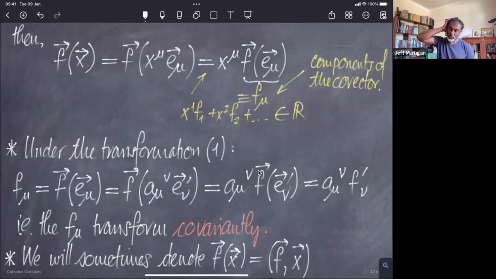I know I've written it in a way that's kind of suggestive of an inner product, but it's not an inner product. When you have an inner product between two things, they need to live in the same space. When you do a dot product between two vectors, those two vectors live in the same vector space. These guys do not live in the same space. One is a vector, one is a covector. They live in a dual space.